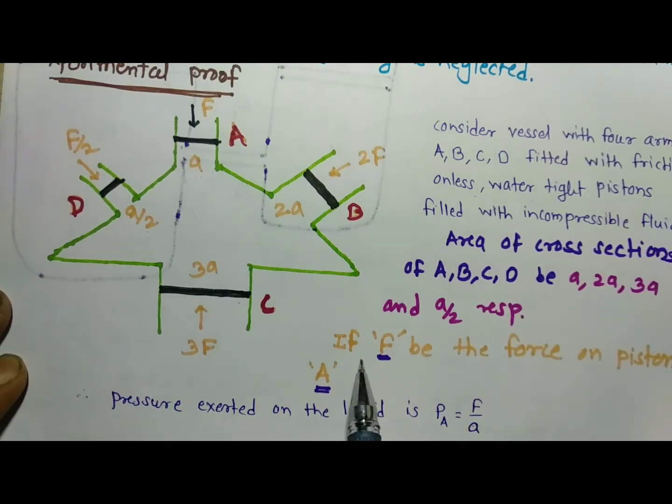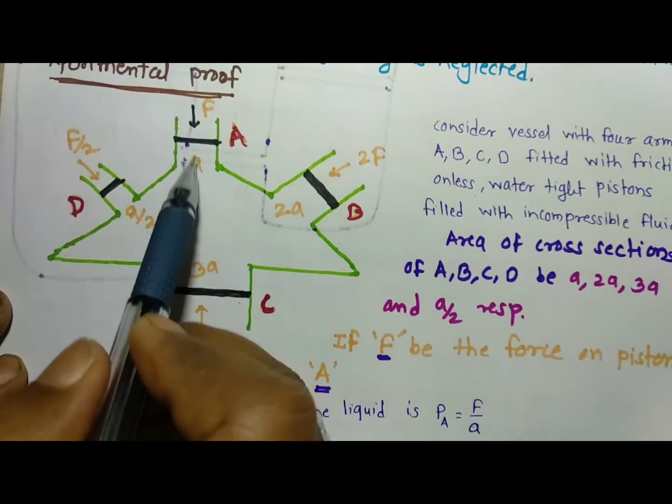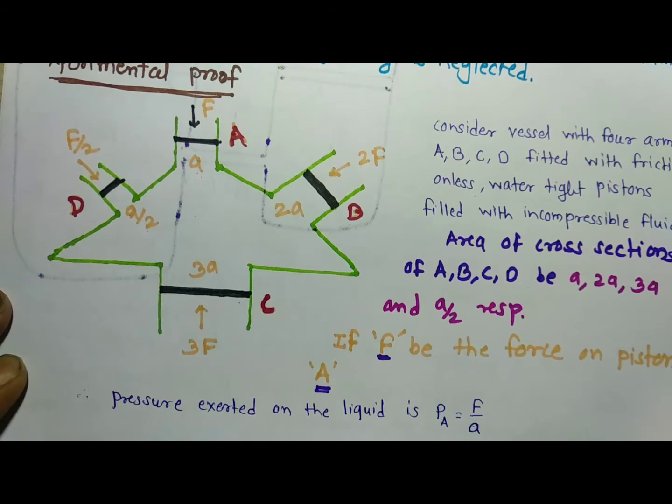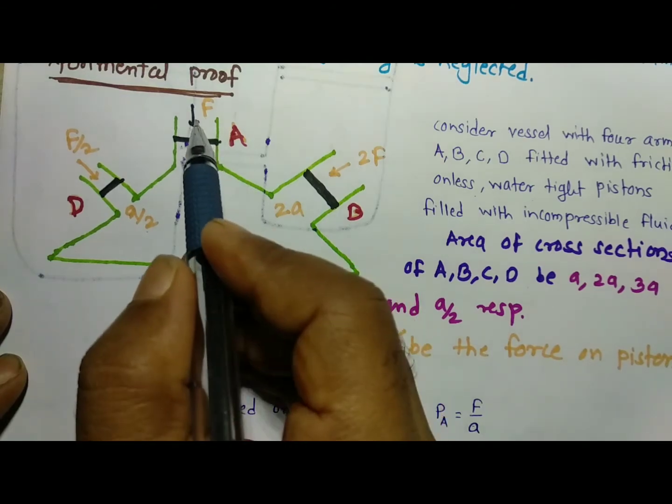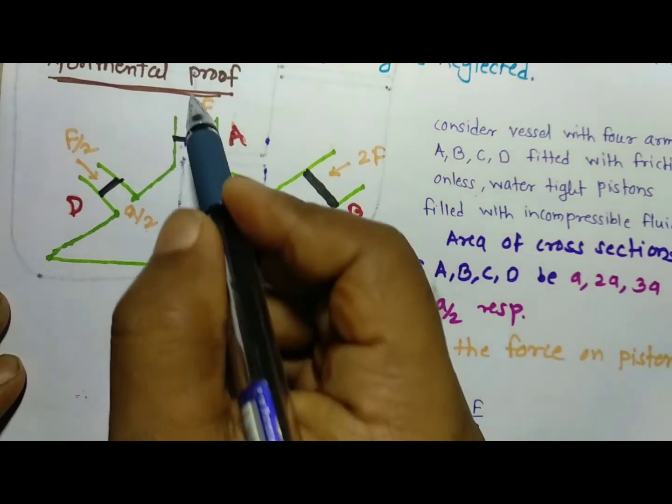Let us consider F to be the force on piston A. F is the force acting on piston A, and therefore according to the definition of pressure exerted on the liquid, we apply pressure in this direction.